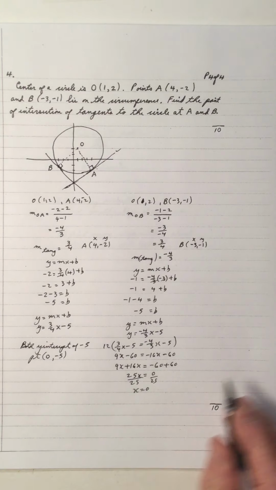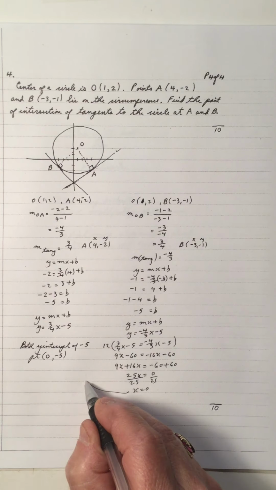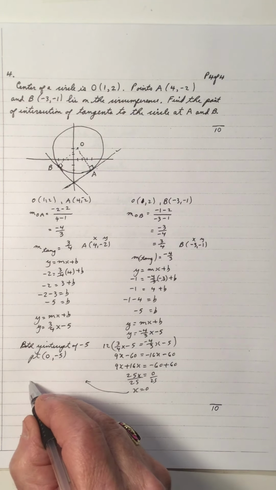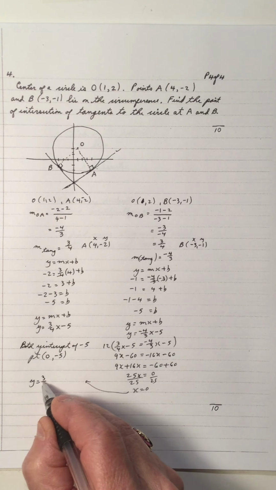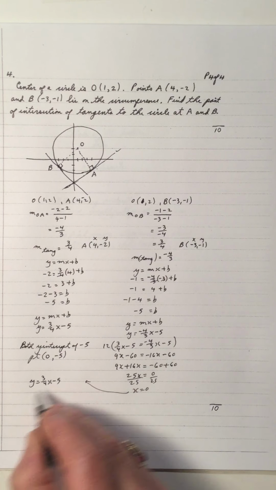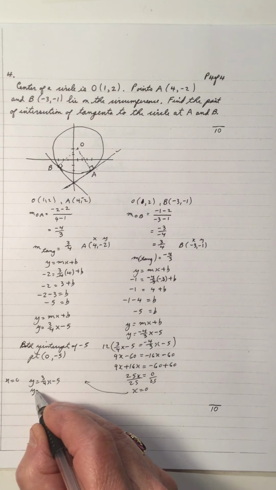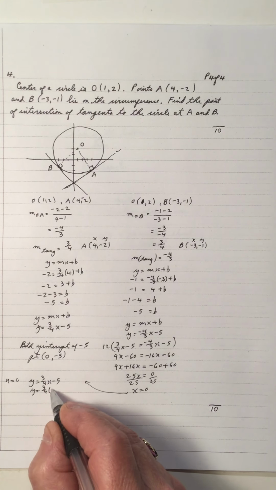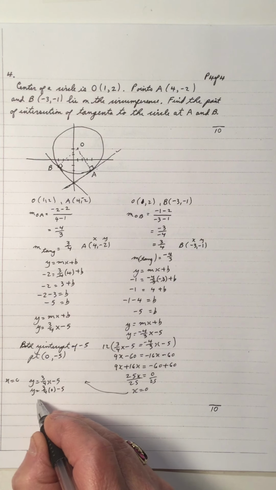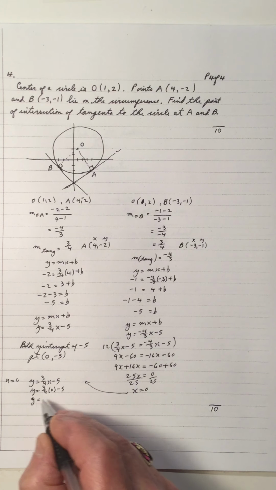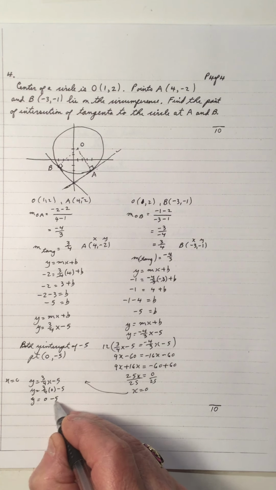And if you can see it, just go over here. If you take y equals 3/4 x minus 5, and you put x equals 0 in, y is equal to 0 minus 5.